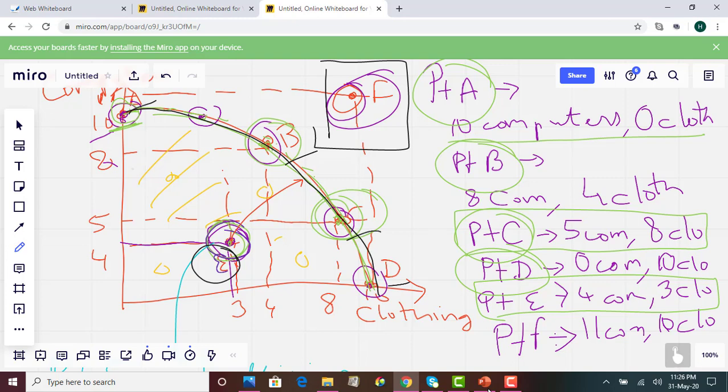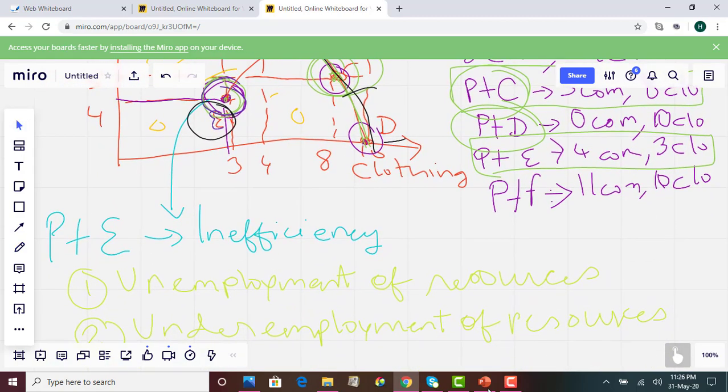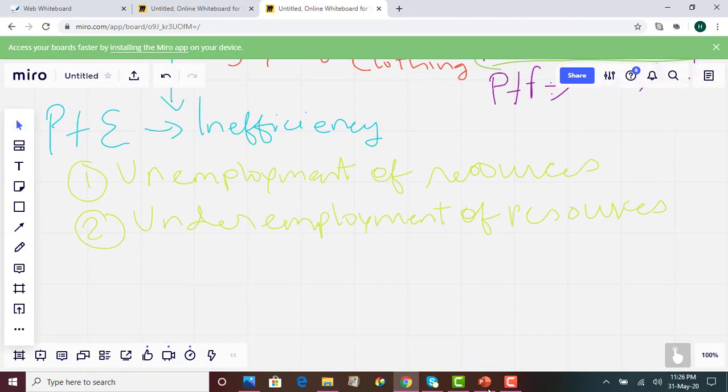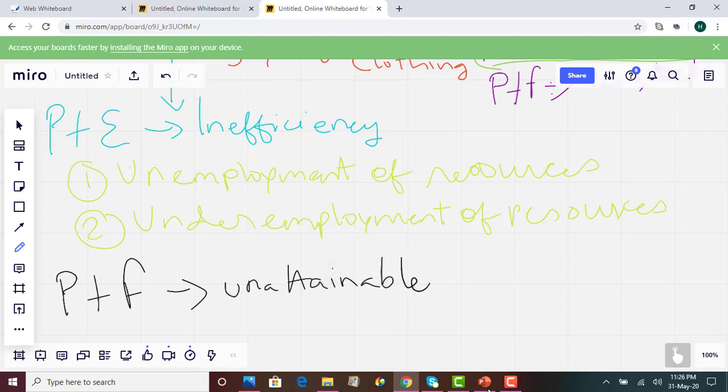It's outside your curve. So this point F represents an unattainable, unachievable point.